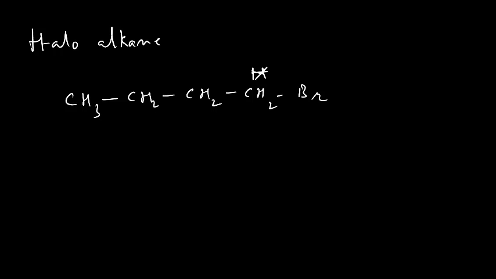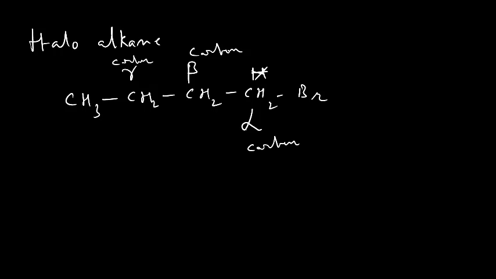The second carbon, the carbon which is connected to the carbon bearing the halogen atom, is referred to as the beta carbon, whereas the first carbon is referred to as the alpha carbon. And the next one, the carbon atom in the third position from the halogen atom, is the gamma carbon. So this is alpha carbon, beta carbon, gamma carbon.